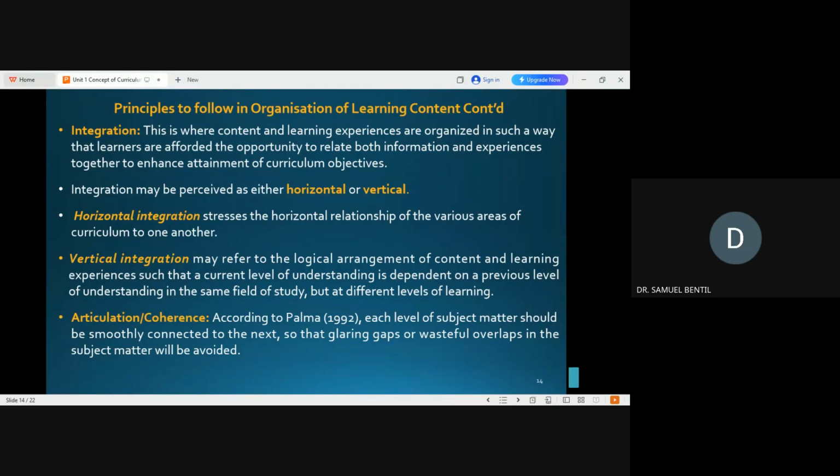But when it comes to vertical integration, it is within the same subject area but different levels. So for example, in your secondary school you were taught rocks, and you were limited to the types of rocks according to the mode of formation, where you talk about igneous, sedimentary, and metamorphic rock.